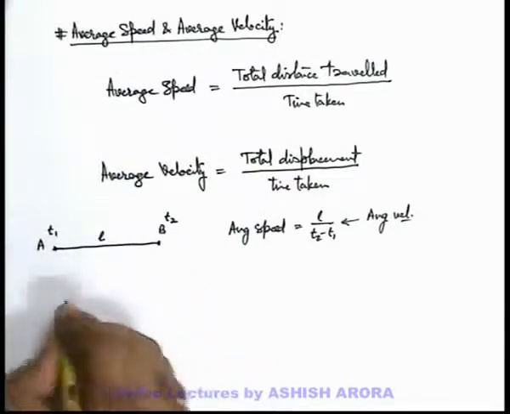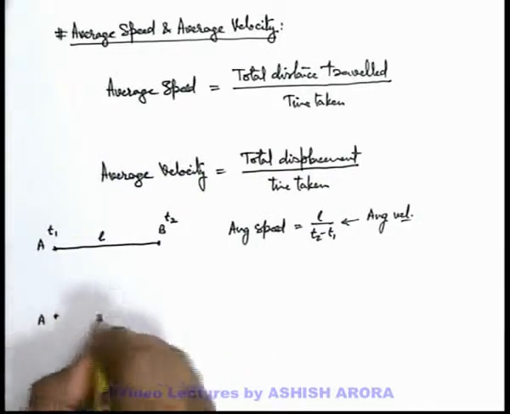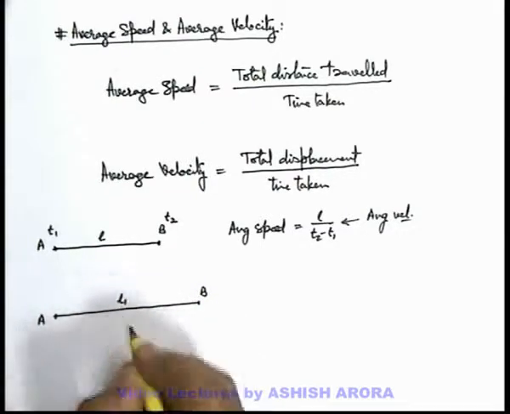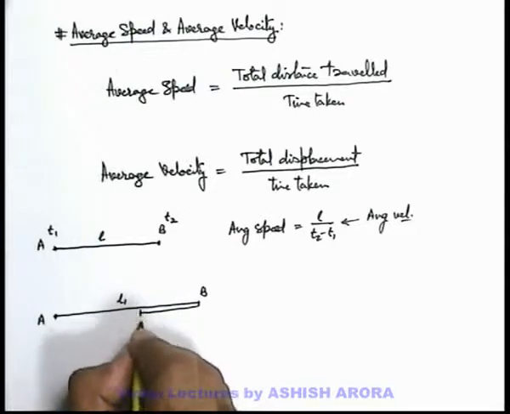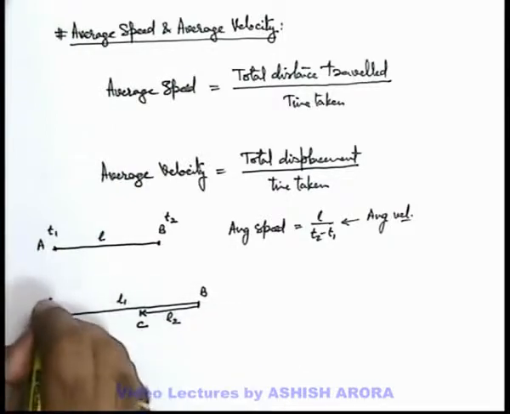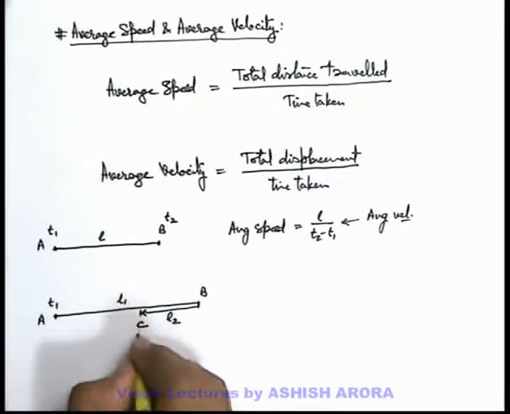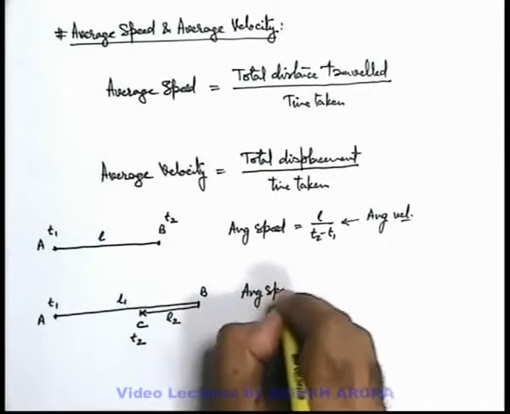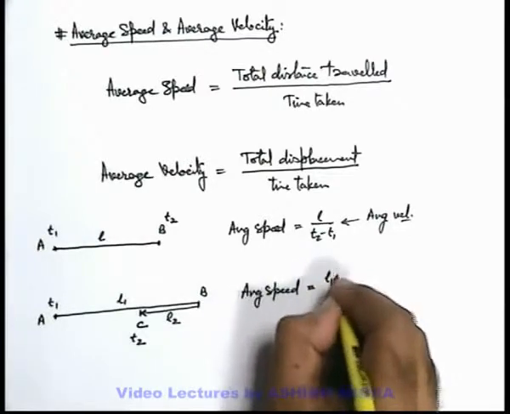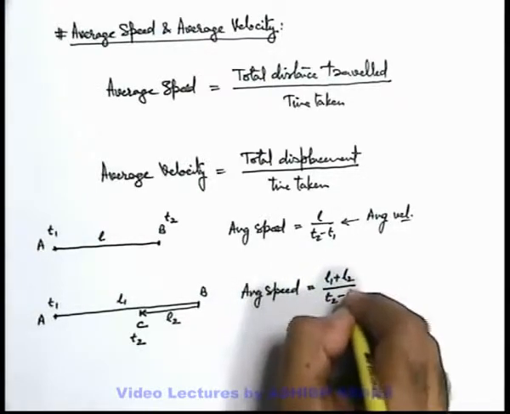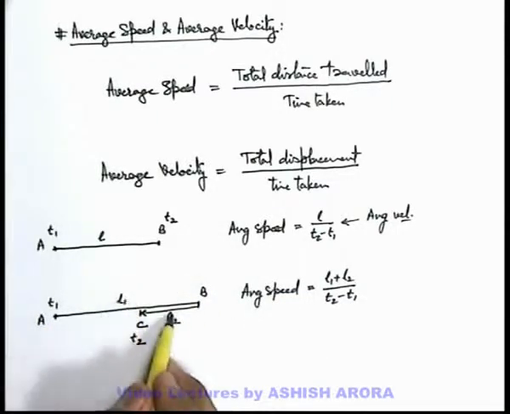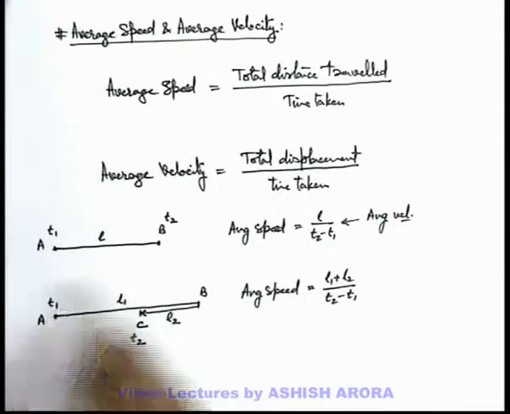But see, in one-dimensional motion the situation can be like this: a particle starts from point A, goes to point B, situated at a distance L1, and it comes back to point C by traveling reverse distance L2. And say at time t1 it was at position A, and at time t2 it was at position C. In this situation, average speed we write as (L1 plus L2) by (t2 minus t1), because on moving from point A to point C, total distance covered will be L1 plus L2 and time taken is t2 minus t1.